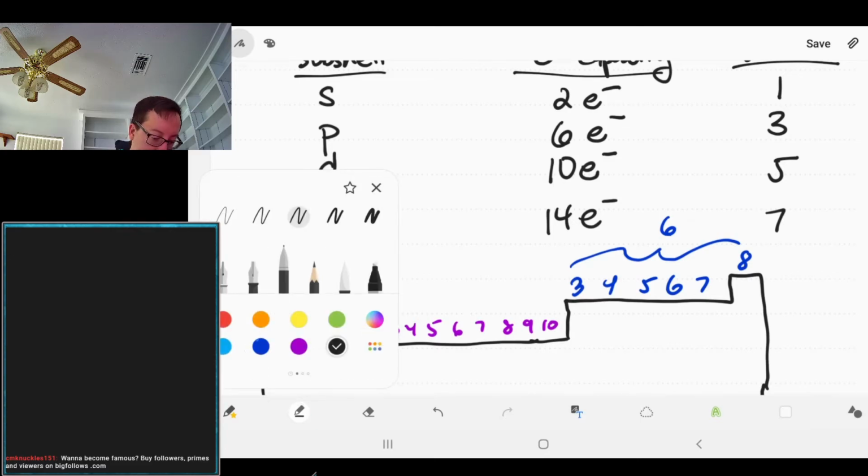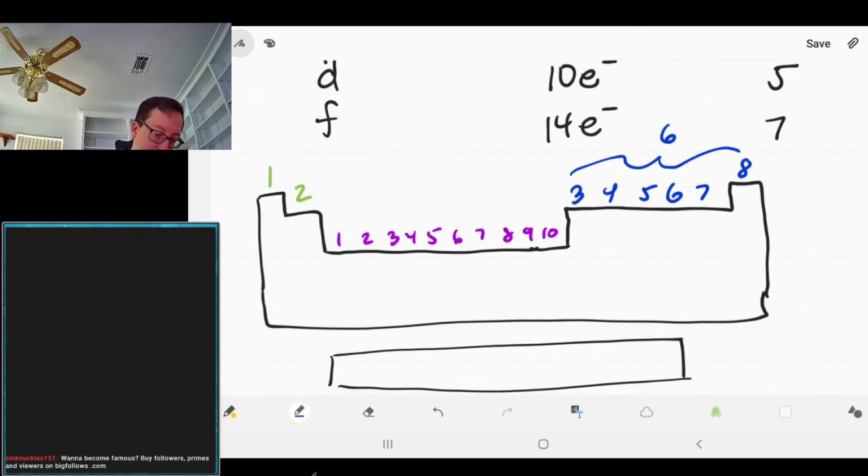And so we have names for these things. We call that block on the periodic table, excluding helium, the p block. And we're going to see patterns.